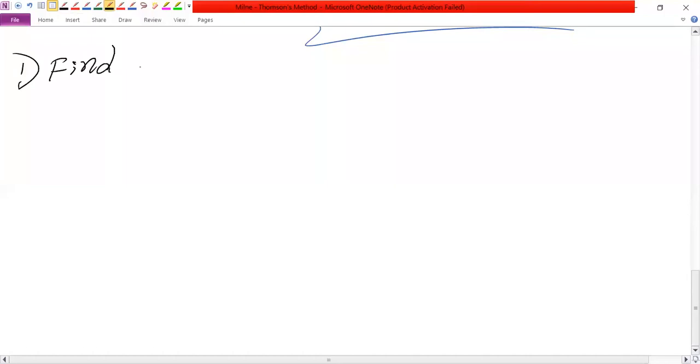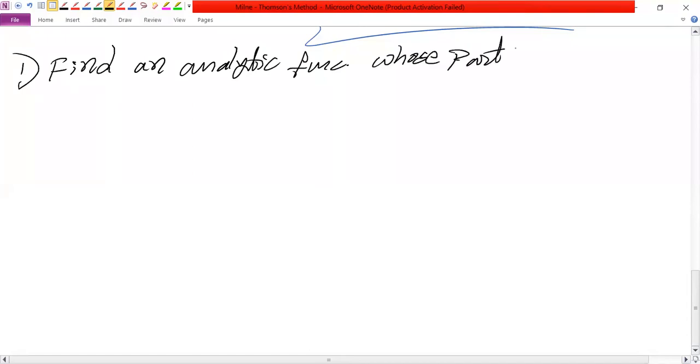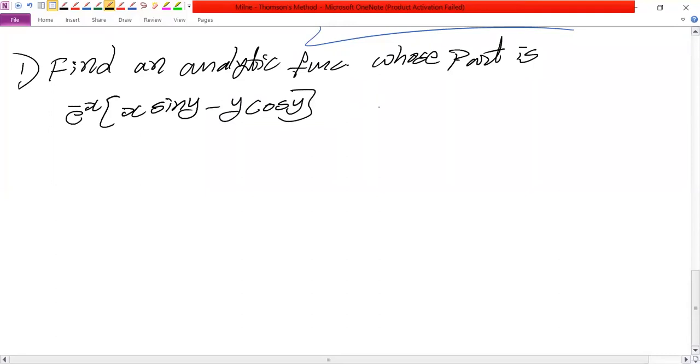Find an analytic function whose real part is e power minus x into sine y minus y cos y. This is the problem.